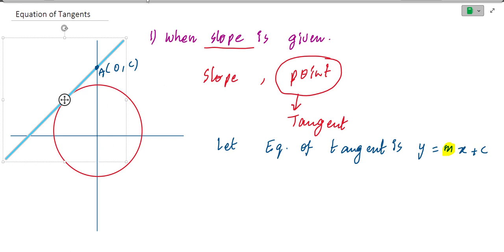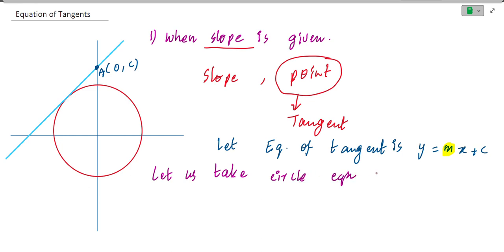So let us assume the given circle equation is x square plus y square is equal to r square. This is the simplest form of the circle, whose center is 0 comma 0 and radius is r.